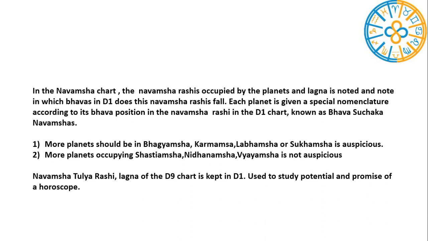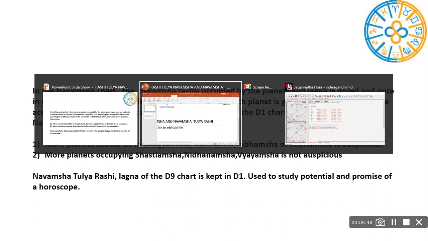Basically, it shows the permanent potential of a chart, whatever shows in the Navamsha Tulya Rashi. So mostly you can ascertain the nature of the events in a particular area which are going to happen in the native's life, right? So let us now take a practical chart. Without a practical chart, this concept is not going to get too clear.